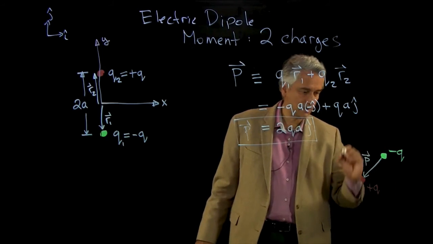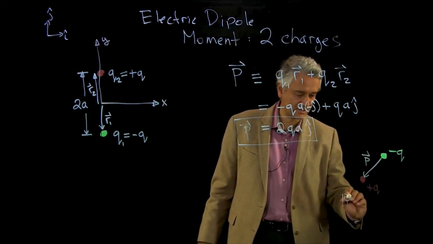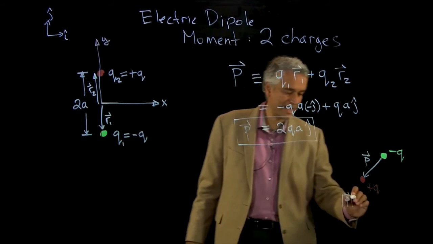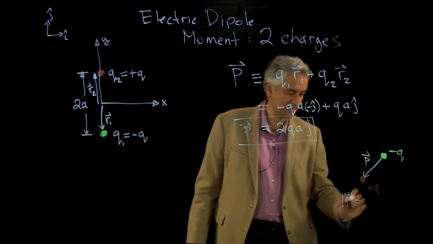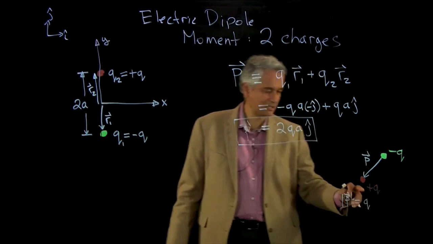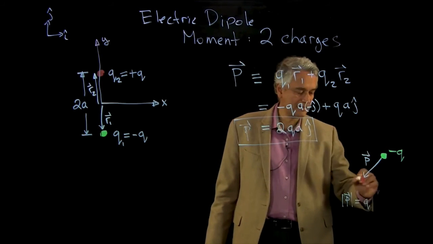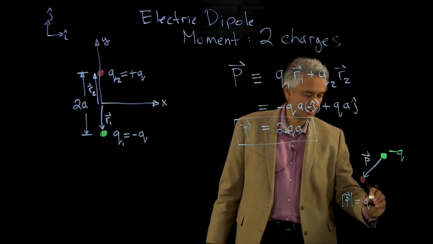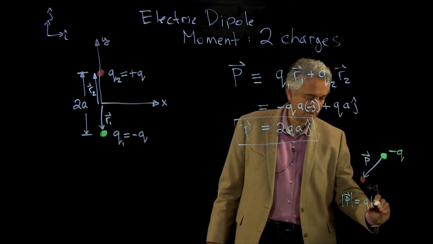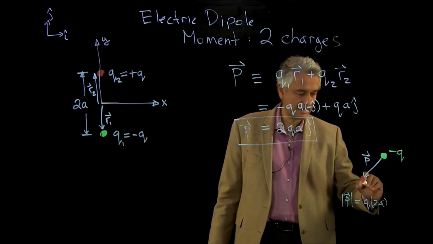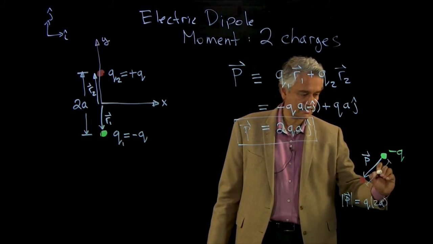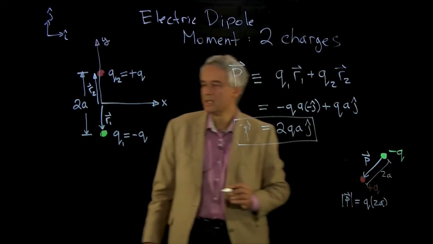And the magnitude of this electric dipole moment will be given by Q, which is the magnitude of the charges at the two ends, times this separation between the two, and the separation between the two we are going to be calling 2A. 2A again being this distance here.